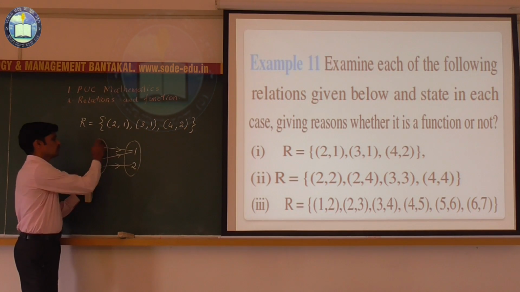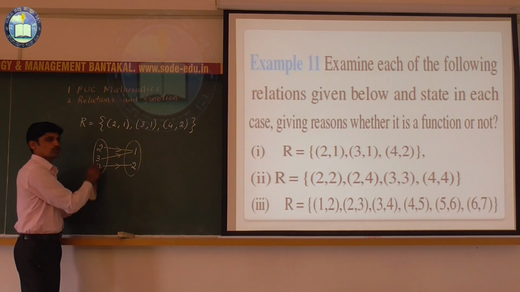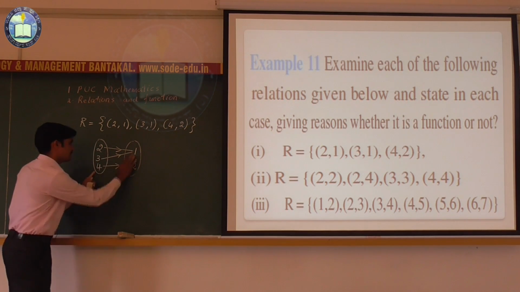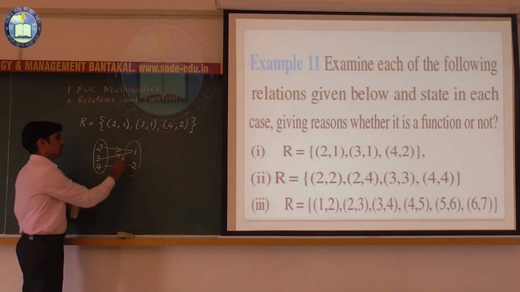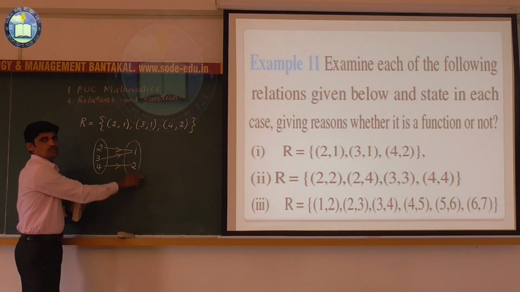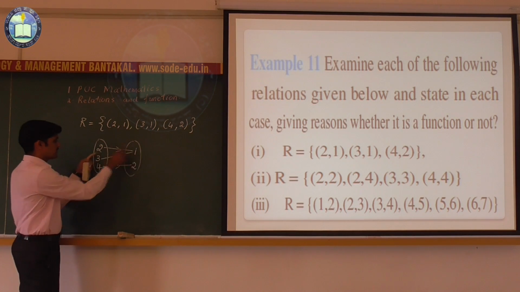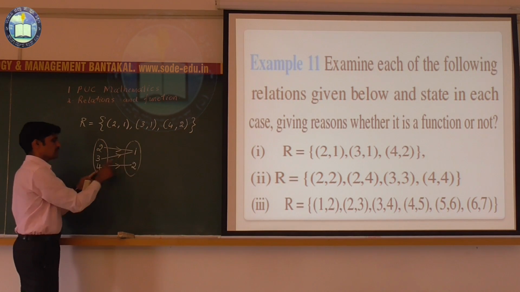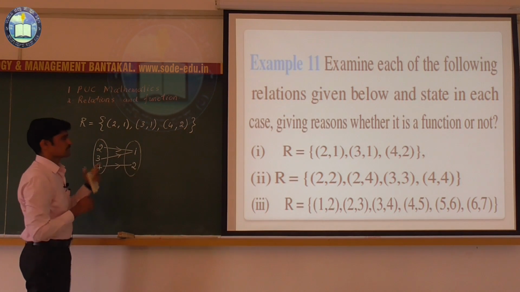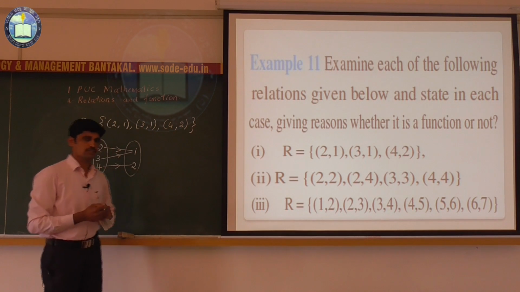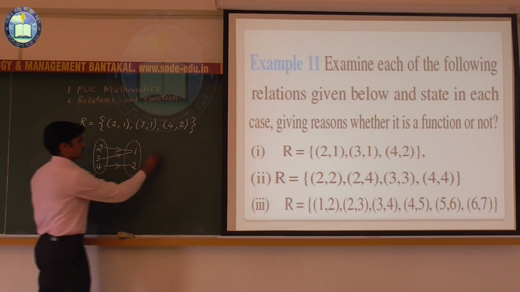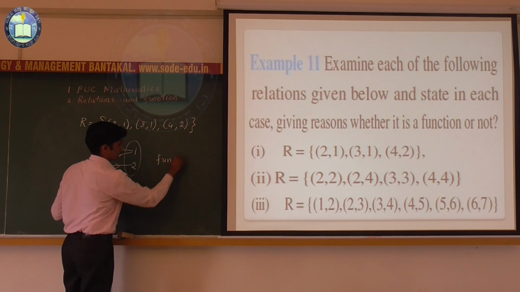Here every element in the domain, 2, 3 and 4, has an image in the codomain. And no element has two images. 2 has only one image, 3 has only one image, 4 has only one image. Therefore, it satisfies the conditions of a function. Therefore, R is a function.